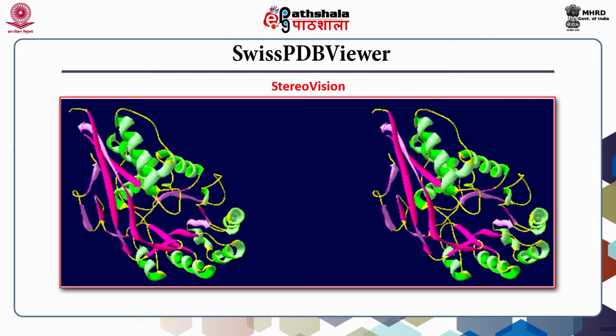The two images are taken at approximately 5-degree rotation of angle to present a different view for each of the eyes. When we see each image with each eye at the same time, our brain can perceive the depth. It requires special training for eyes to view in stereo vision.